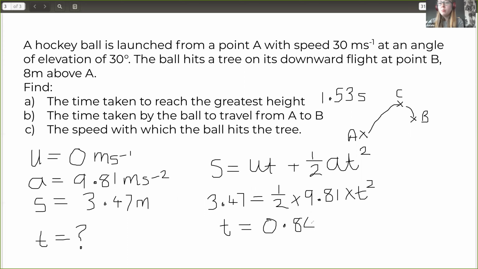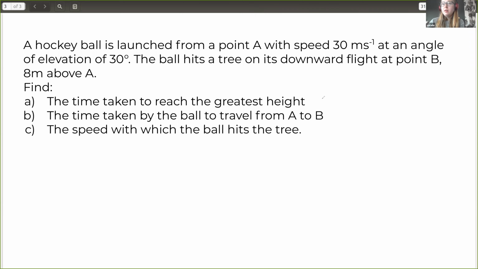I'll just round it to 0.84 seconds. Which means the time taken to travel from A to B will be 1.53 plus 0.84, which works out at 2.37 seconds. So we had 1.53 seconds here and 2.37 seconds here.